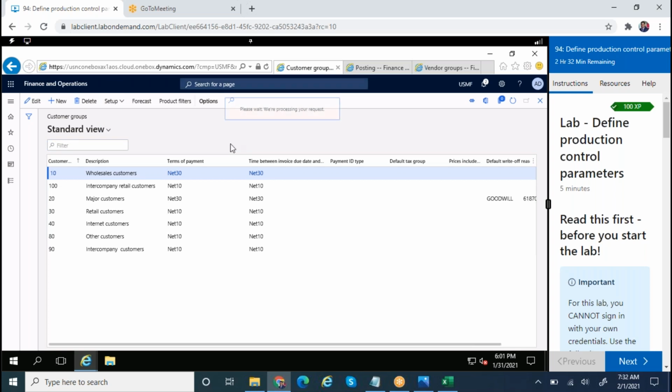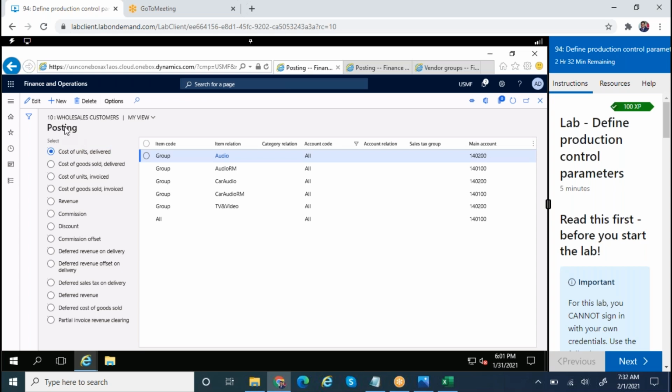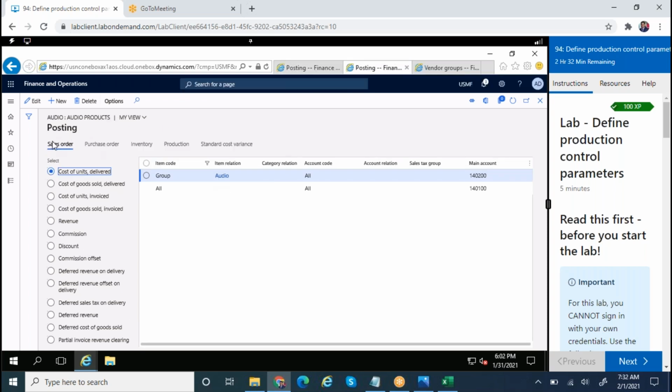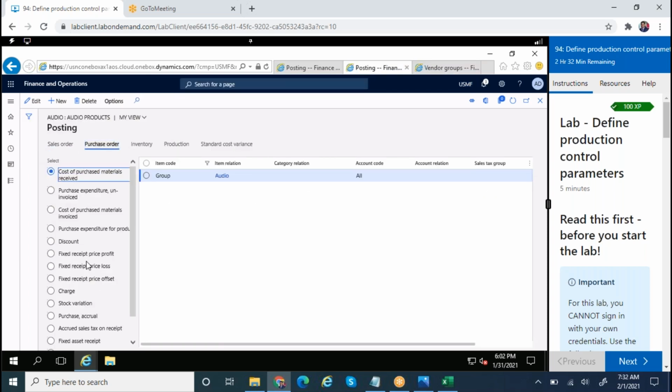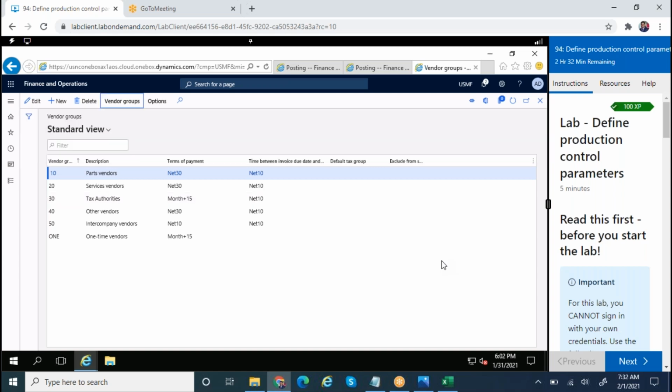If you are opening from the customer group or vendor group, it is showing only one tab. This is sales order tab. But whereas from item group you are able to see all. If it is vendor group, you will see in the purchase order tab, whatever is there, those only you can see from the vendor group. Understood? Any doubt here?